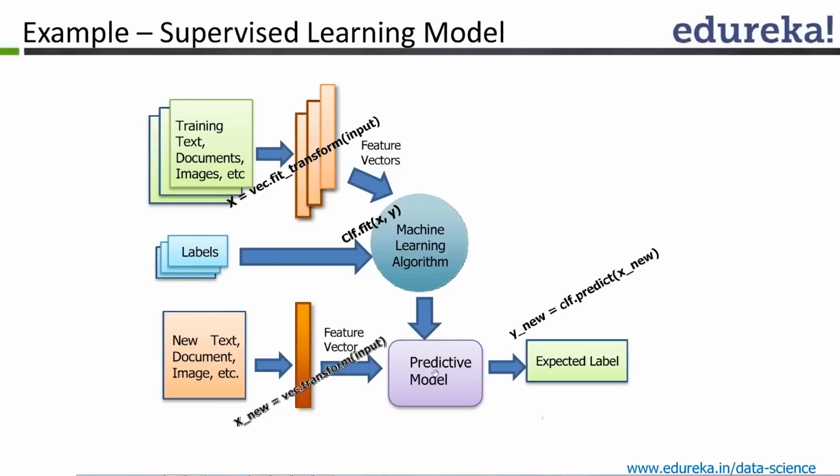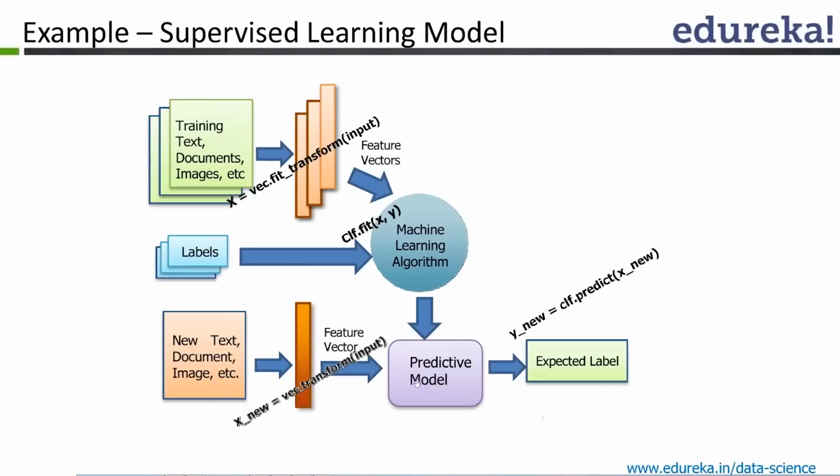Or the predictive model, because it's able to predict for the newly incoming data. You use that model on the incoming new data, and then you predict what that label should be. Just like you converted raw data into feature vectors, whenever a new data record comes into your system, you apply those transformations again, convert it into a feature vector, and then give that feature vector to this particular model.